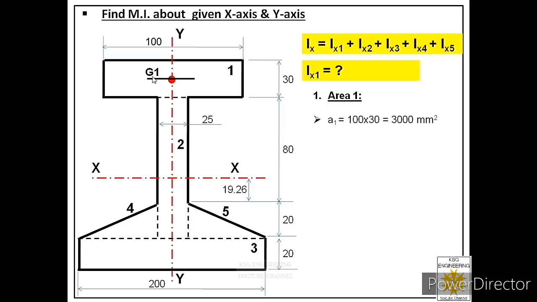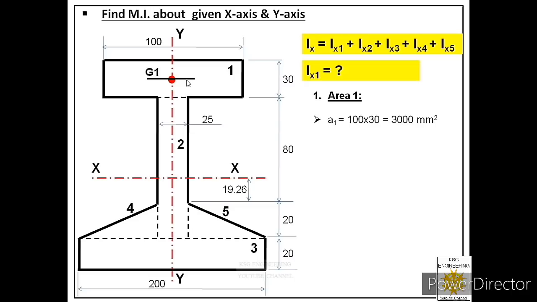Now after this we know that we have to find the distance between these two axes, that is the main axis and the centroidal axis of area 1. So that distance will be called H1. So let us find this distance now. Over here we are given the position of the x-axis from the bottom as 59.26, whereas the position of this axis from the bottom will be equal to 20 plus 80 plus 15, that is 135 mm.